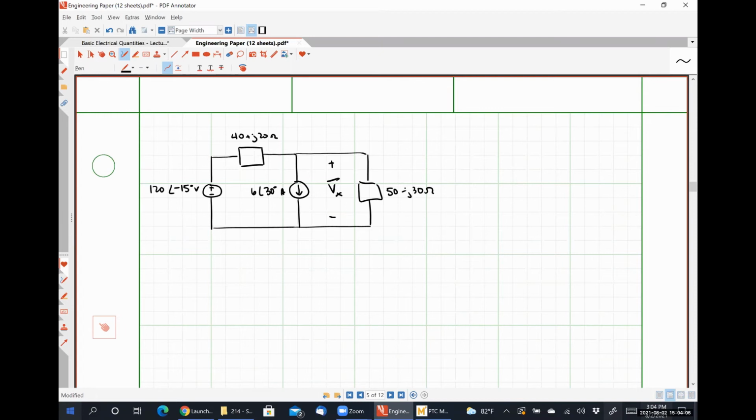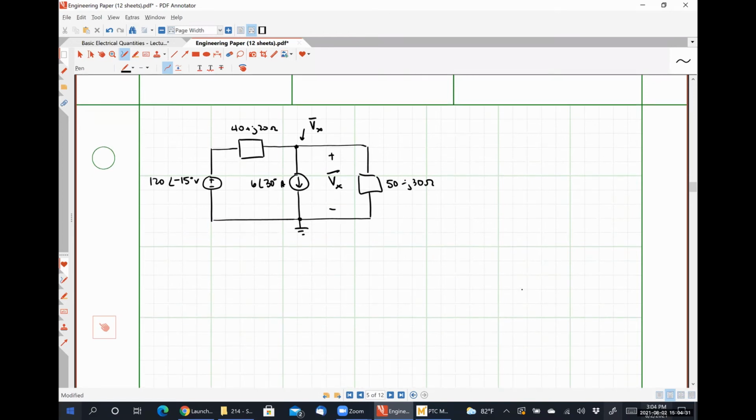But we could get our answer in 1 step by effectively doing nodal analysis, even though there's only one unknown nodal voltage. So what I mean by that is if I treat that as ground, this node right here represents my unknown voltage Vx.